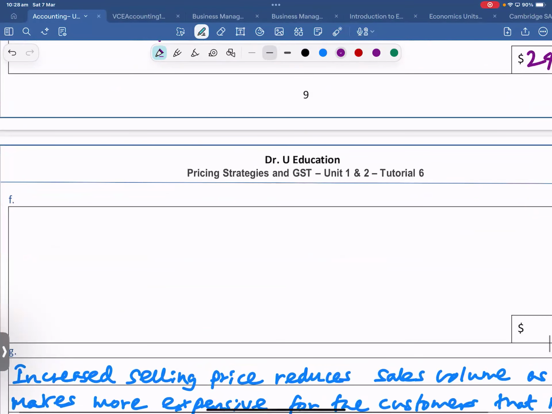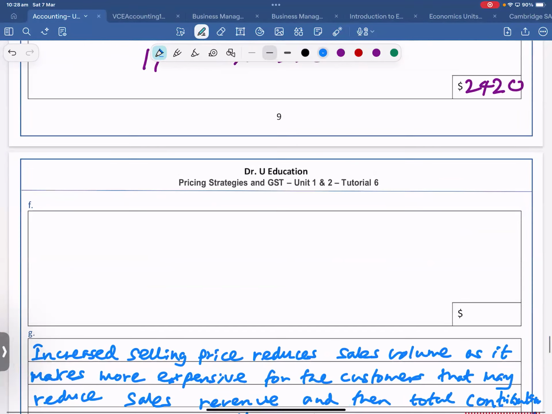So then the formula. We'll write the formula first. What's the formula, Timur? So your total fixed cost. Wait, we're trying to calculate the selling price, right? Yeah, we are calculating the total fixed cost over selling price per unit.